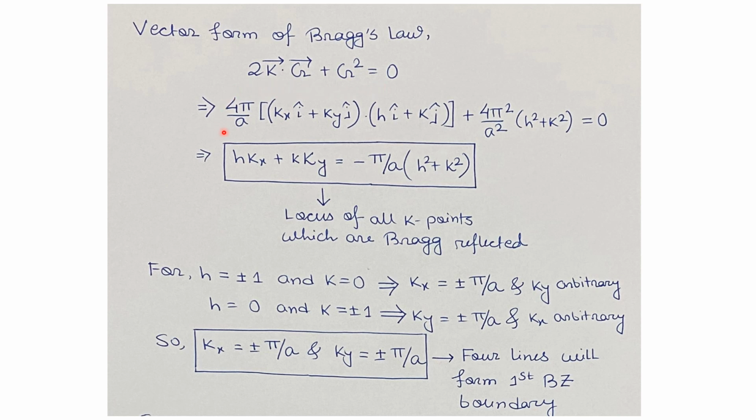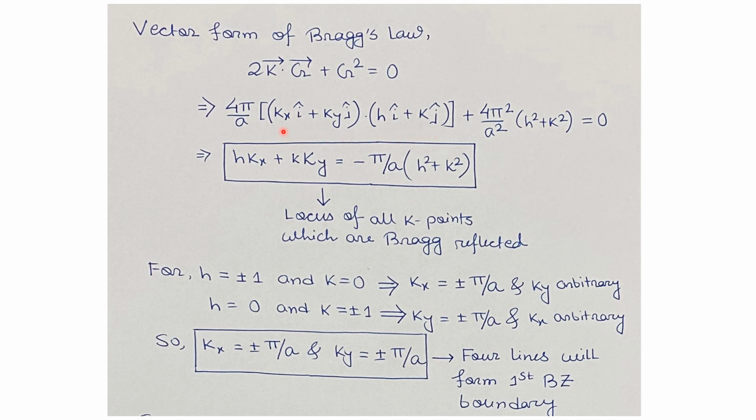Now we'll put all the expressions for the k vector and g vector in this equation. Then we'll get 4 pi by a times kx i cap plus ky j cap dot product with h i cap plus k j cap, plus 4 pi square by a square times h square plus k square equals to 0. This second term is coming from the g square term here, and this 2 times k dot g vector is giving the first term in this equation. Now we'll perform the dot product here.